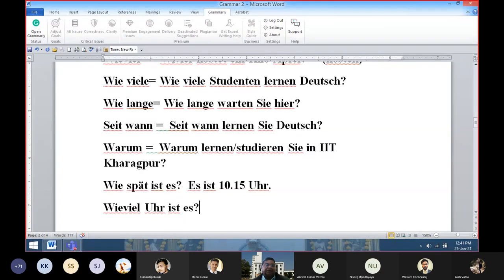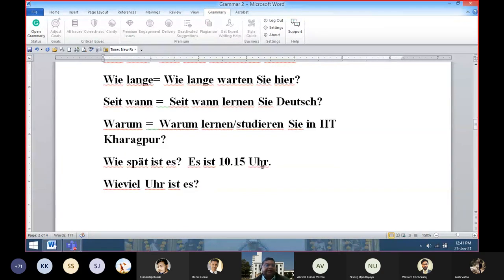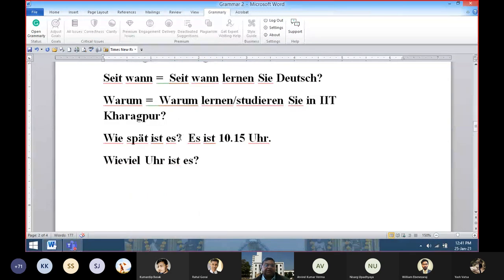Either you ask wie spät ist es, what is the time, or sometimes people ask wie viel Uhr ist es. Wie viel means how much, Uhr means hour, ist es means it is. This is the literal meaning I am telling, but the actual equivalent in English is what is the time. Both have the same meaning. That means both are used for asking the time.